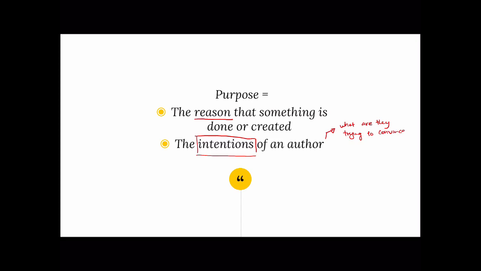And then you have to find out what they eventually want the audience to do. Usually for certain sources, they are trying to get the audience to do something, and before the audience can do something, they must first believe in what the author is trying to say.